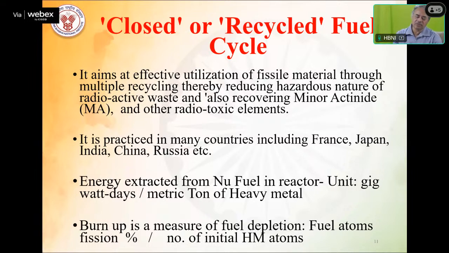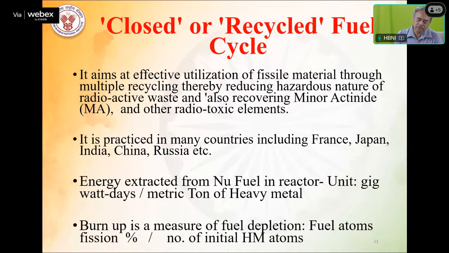The last two things are just for your information: the energy extracted from nuclear fuel in a reactor has the unit gigawatt days per metric ton of heavy metal. Heavy metal is that uranium. So gigawatt days per metric ton, that is the unit.